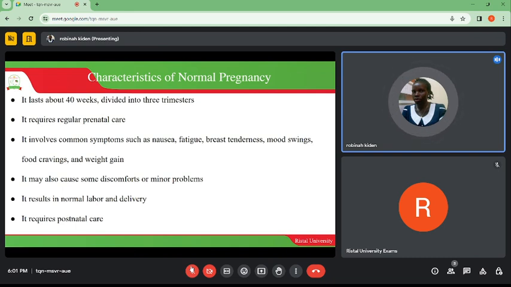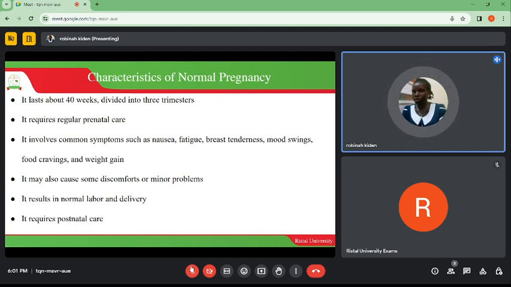Another characteristic is that it requires regular prenatal care. The mother has to be cared for regularly, as stipulated by the antenatal care visits or schedules mentioned by WHO. It also involves common symptoms such as nausea, fatigue, breast tenderness, mood swings, food cravings, and weight gain.